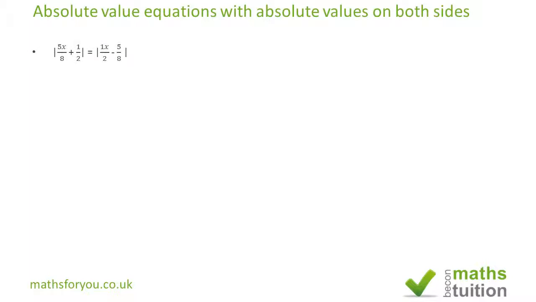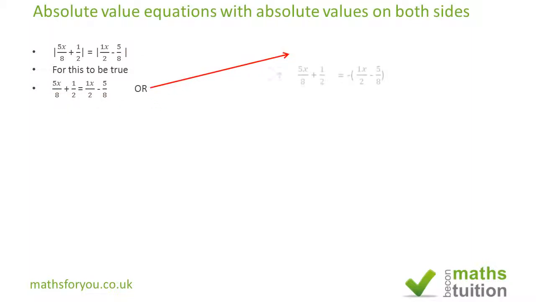Now, because we're dealing with absolute value equations, we have to work with two related equations as we've got here. In the first equation, when you open up the absolute value parentheses, we have this equation here, or we can have this equation on the right hand side.